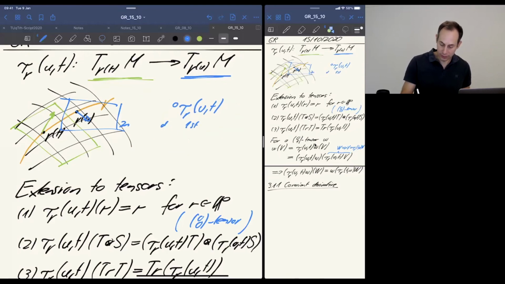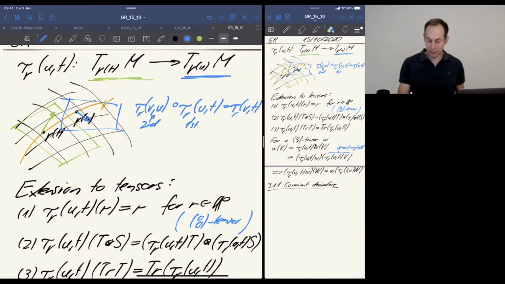So if I now compose it with another map, let's say tau from U to V, so that's the second one, then this is equal to tau of V and T. This is all for the same curve gamma.